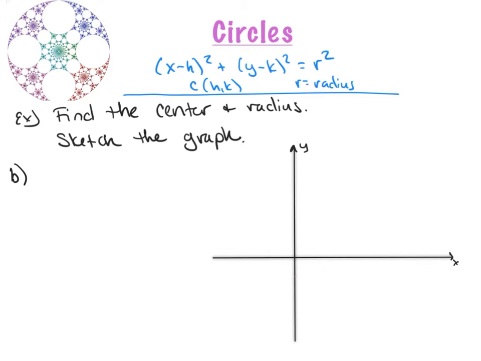Okay, let's do now, find the center and the radius for x minus 1/2 squared plus y minus 1 squared equals 1/4.